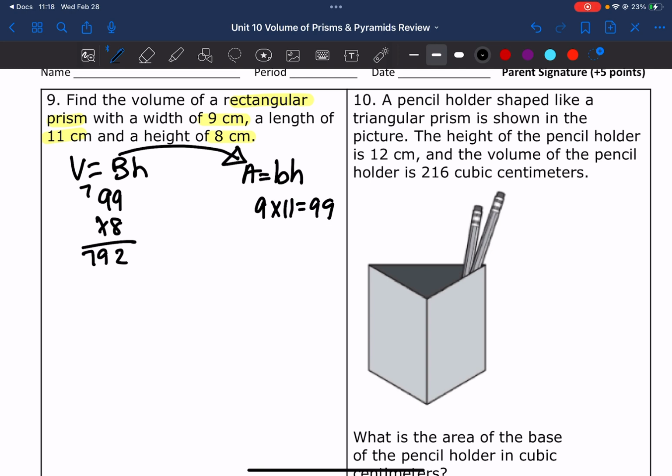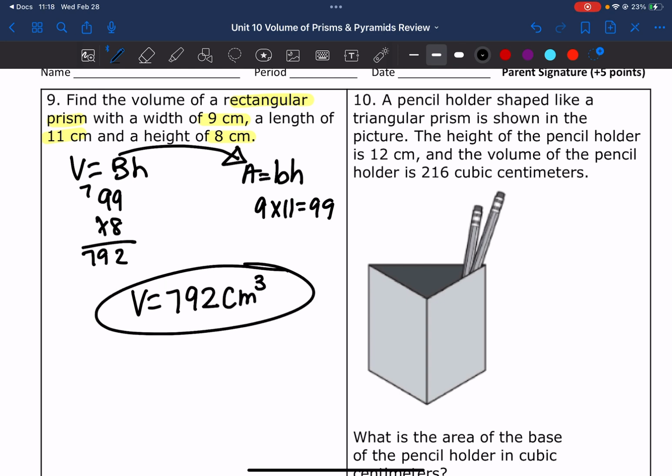So we get an answer for the volume of 792 centimeters cubed, and that's our answer. Okay, pause if you need to, but let's go to 10.